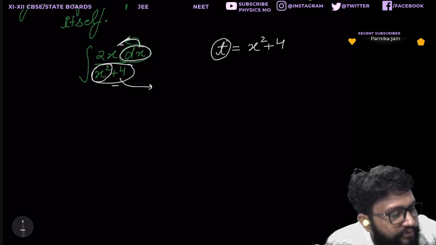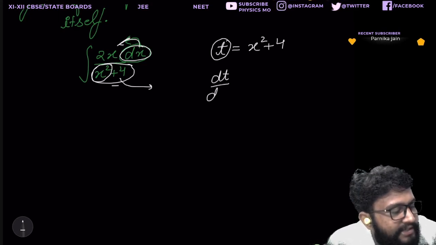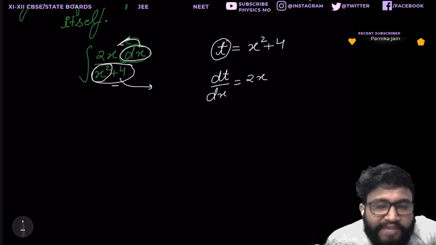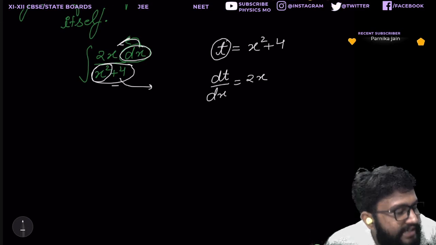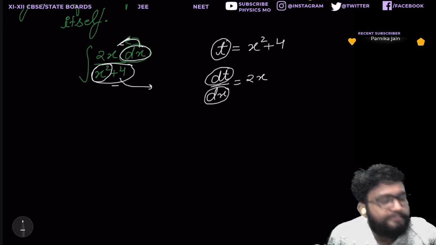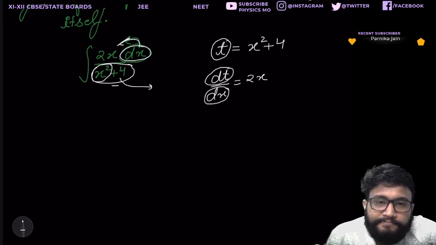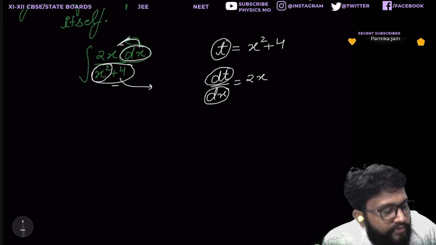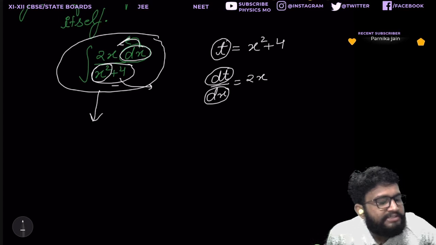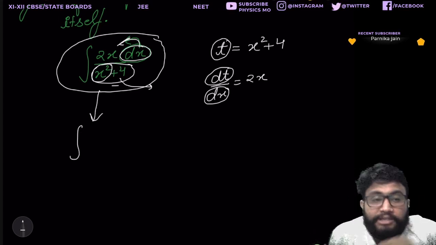How? If you differentiate this t, what you will get is dt by dx is equals to 2x. Why we are doing this is we can get value of dx in terms of dt. We want this whole integration to be changed in terms of t.